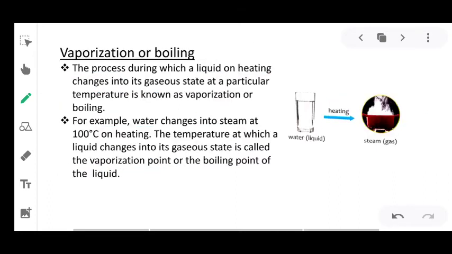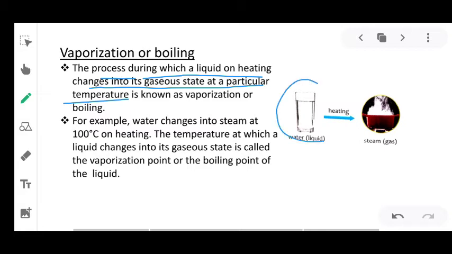Okay, next, vaporization or boiling. The process during which a liquid on heating changes into gaseous state at a particular temperature is known as vaporization or boiling. For example, okay, so vaporization or boiling means the change of liquid state to gaseous state.